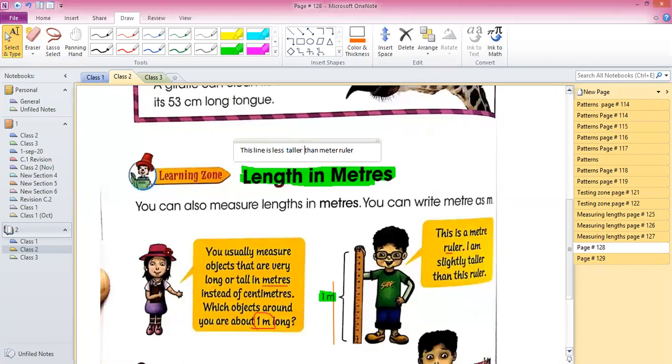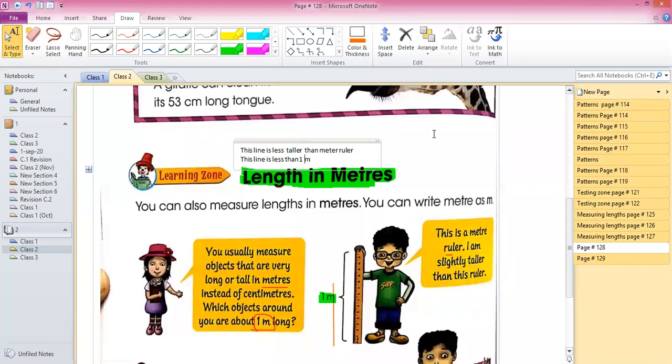I can say this line is less than 1 meter. Why am I saying this? Because this ruler measurement is 1 meter. This ruler is equal to 1 meter and this line is less than 1 meter. It is less than this ruler, right?